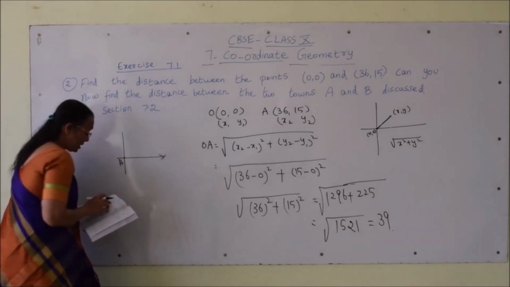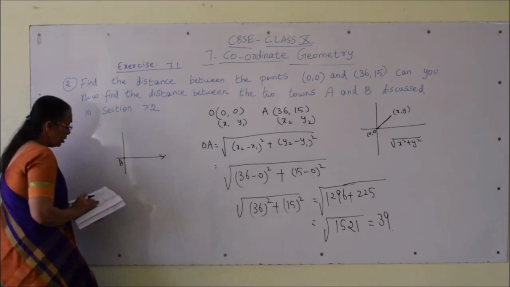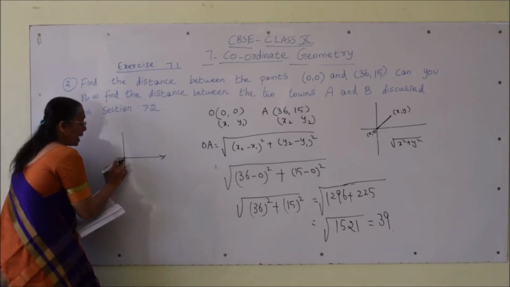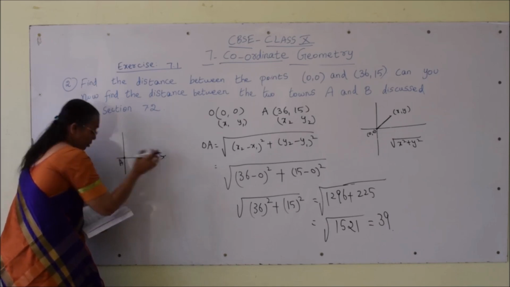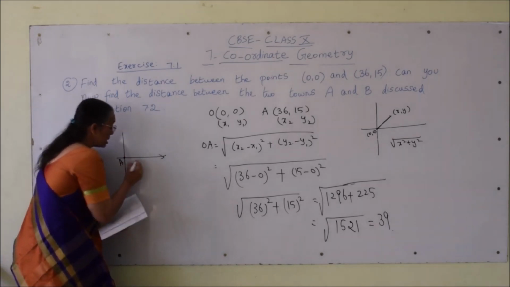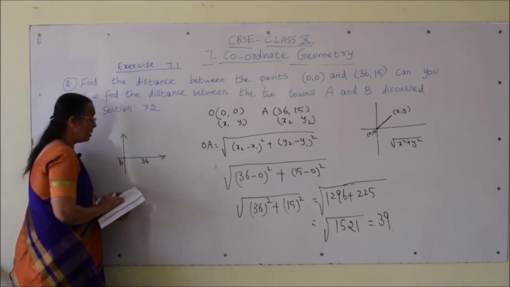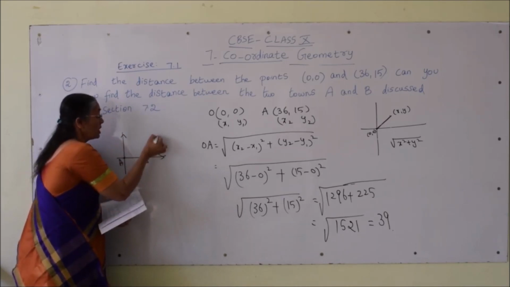So, from A, the town B is 36 km towards east and 15 km towards north. So, it is here.